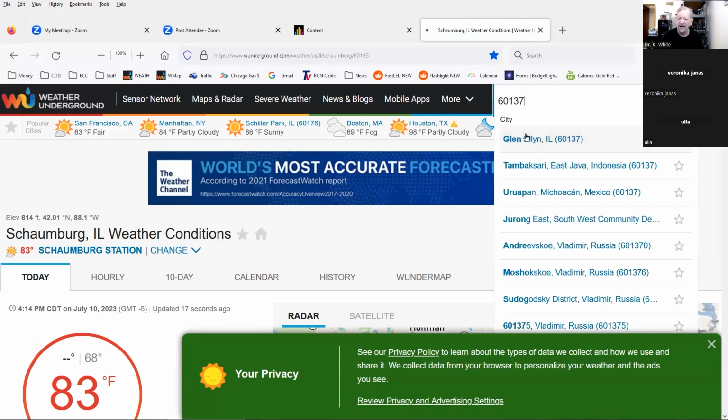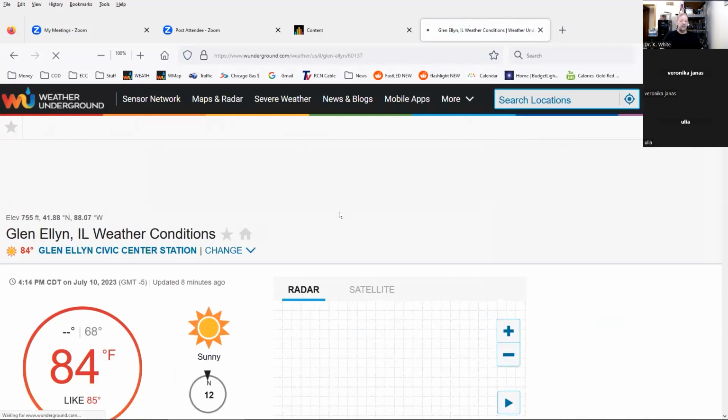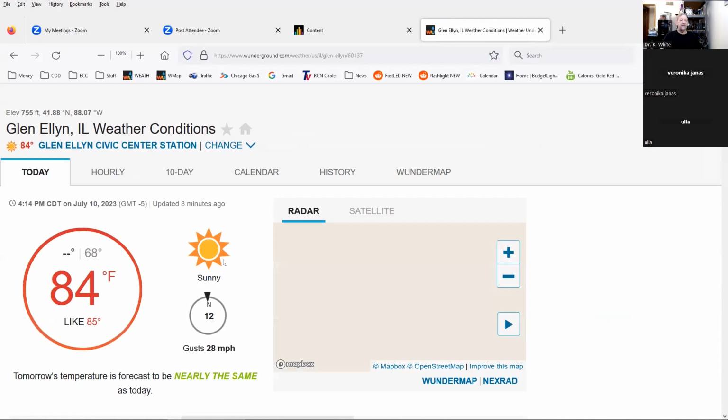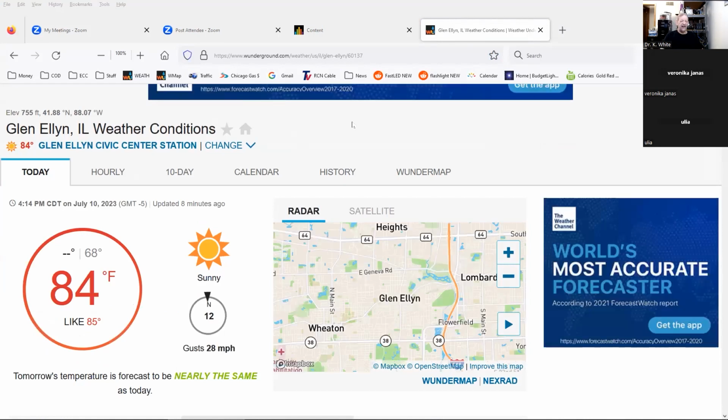If we look at Glen Ellen, where the main campus of COD is, you can see on the screen the Weather Underground for Glen Ellen.